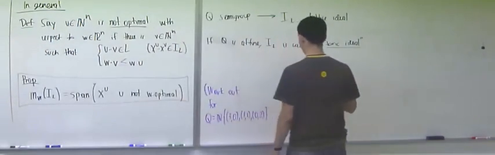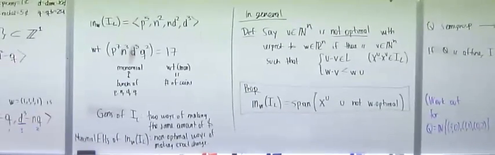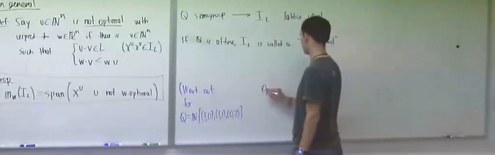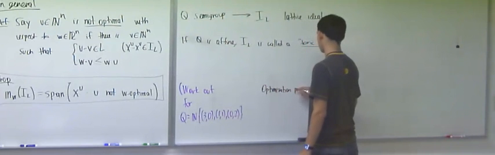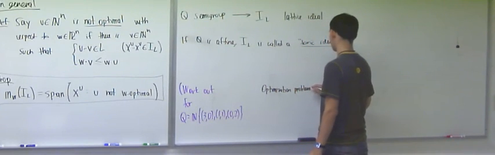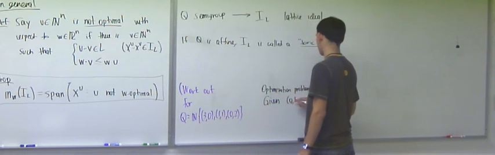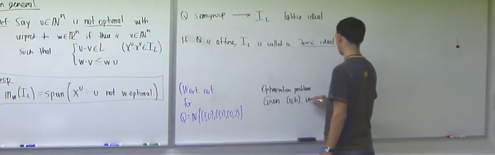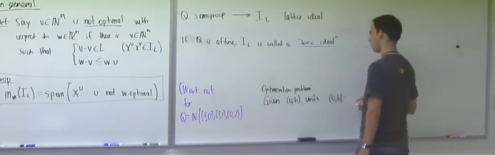So here's an optimization problem. Given some vector a, b, write it as a combination of these guys.